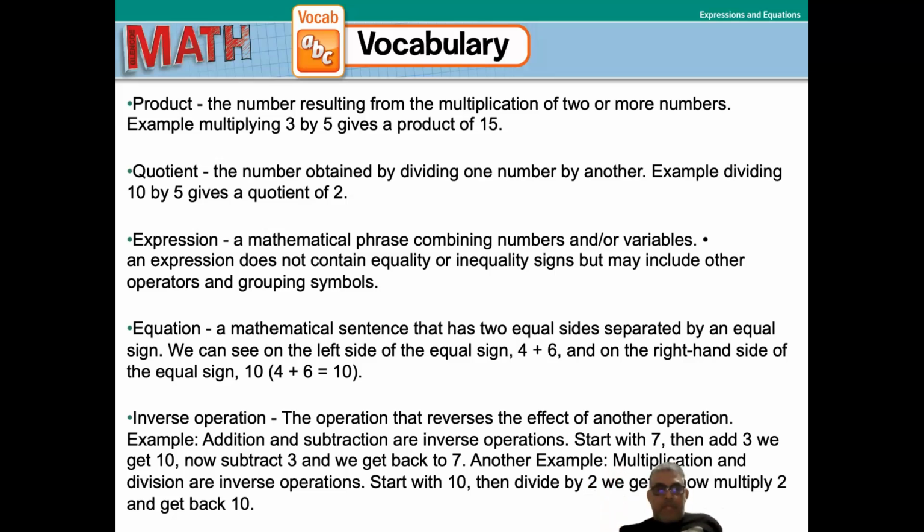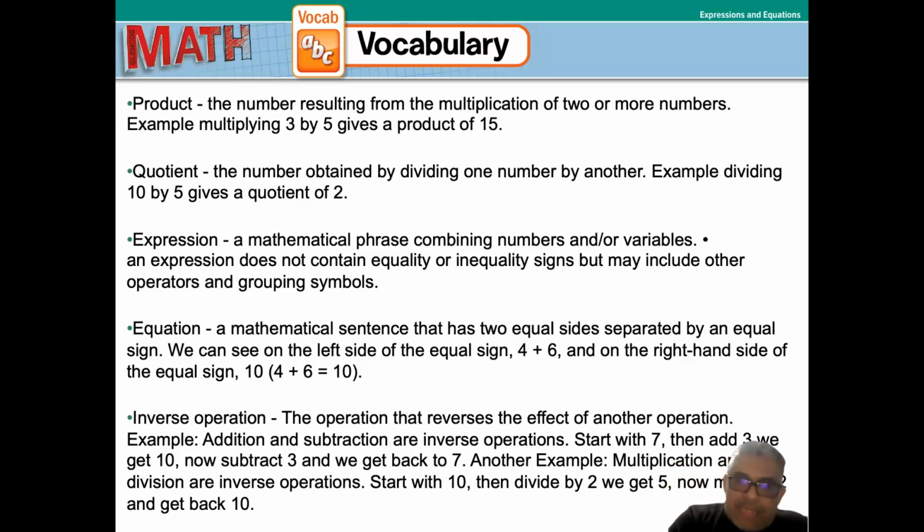So the opposite. An example, when you add and subtract, the inverse operation. So you start with a 7, add a 3, what do you get? Glad you said 10. Now let's do the inverse of that. From 10, subtract 3. What do you get back? 7.